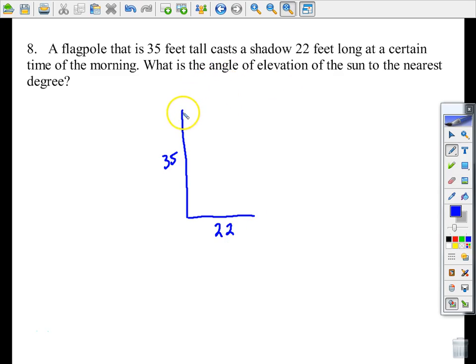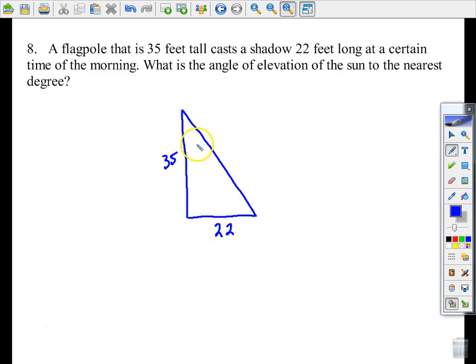Okay. The angle of elevation, so some people ask, well, is that going to be this angle or is that going to be this one? Well, angle of elevation, you can think of it this way. If you're standing on the ground looking up, okay, so if this is my flagpole and obviously the shadow is going to be on the ground, I can't have this as an angle of elevation because, well, there's two problems with that.